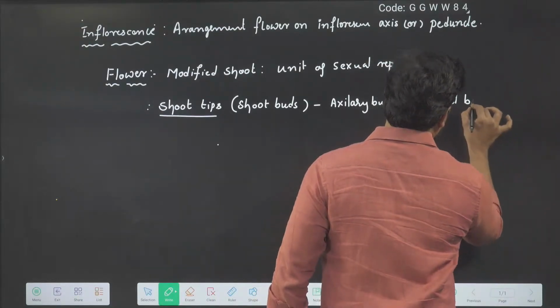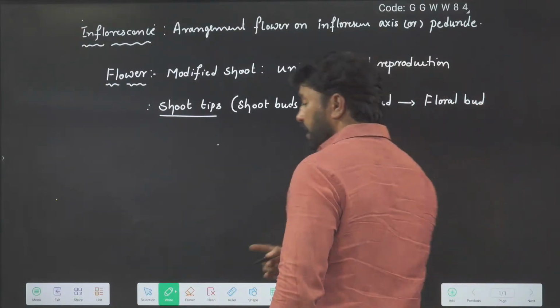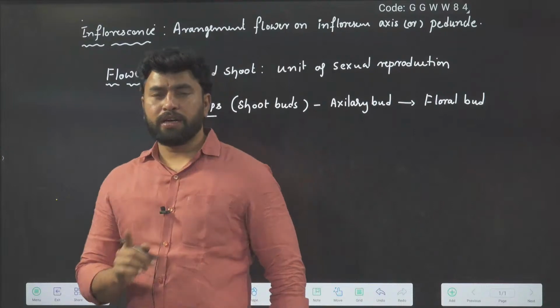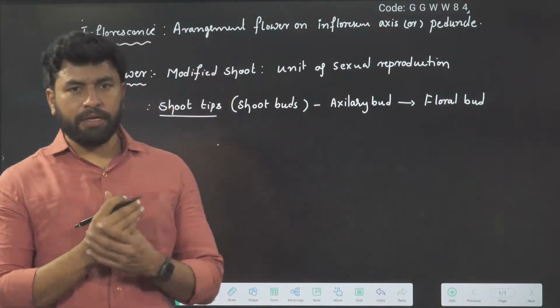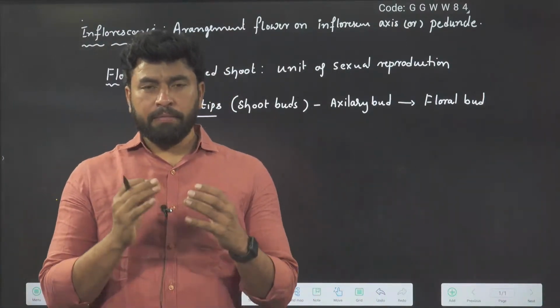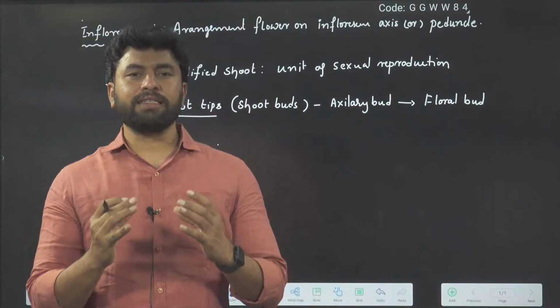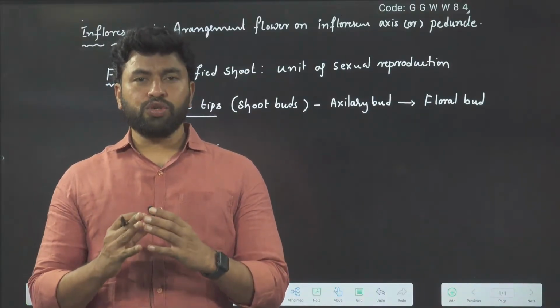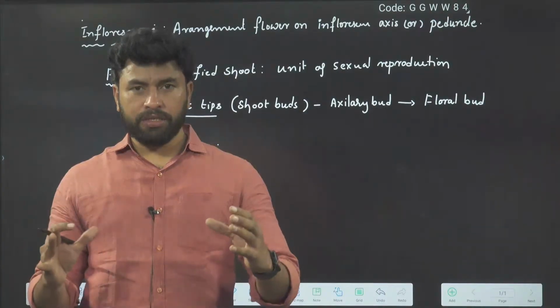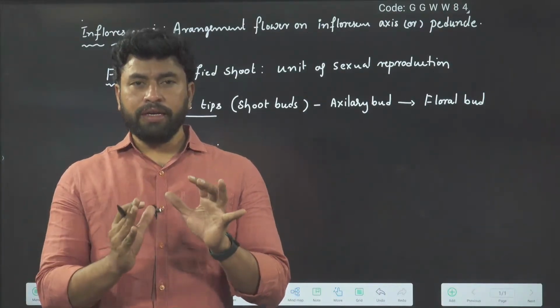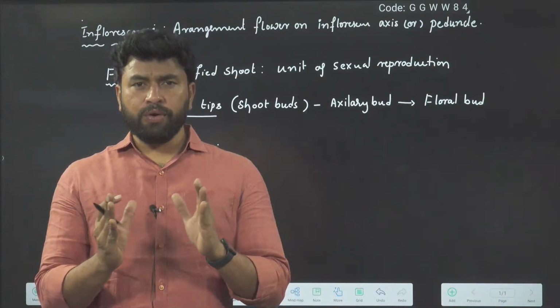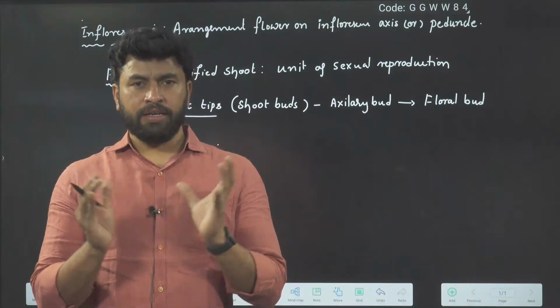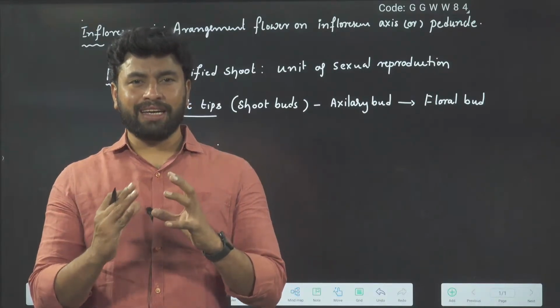Floral bud. In an earlier class, you might have remembered, I told this statement about bud. Bud is nothing but a condensed stem. The stem, which does not show any elongation, would have all its nodes close to one another, and the leaves will be packed tightly.